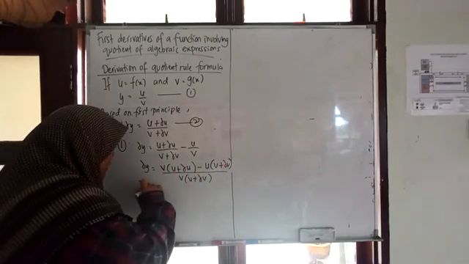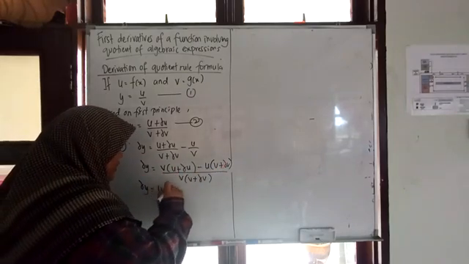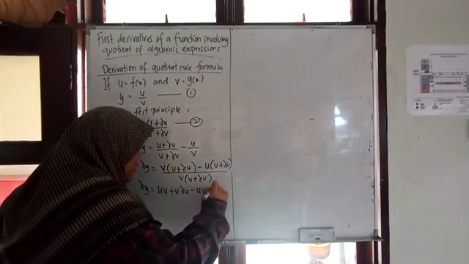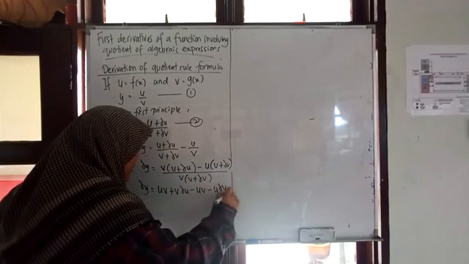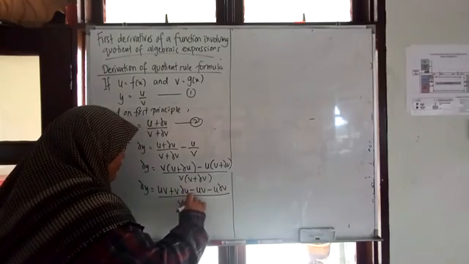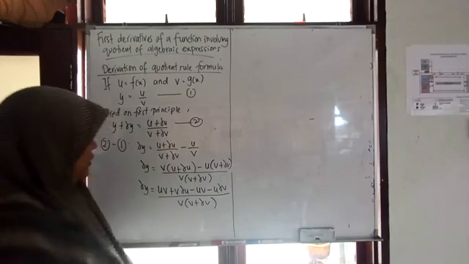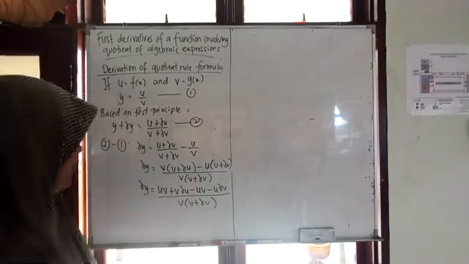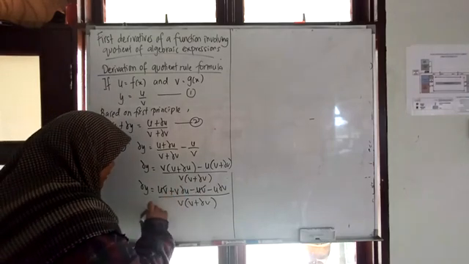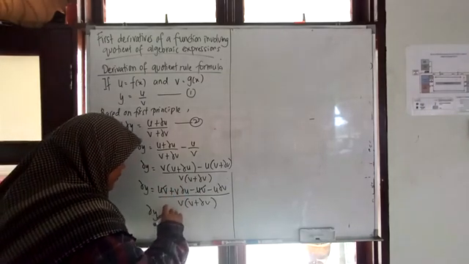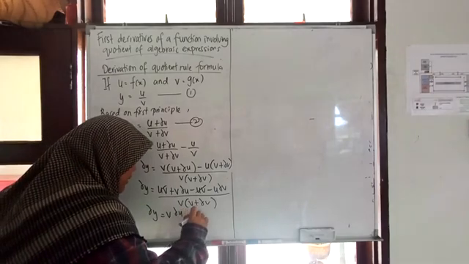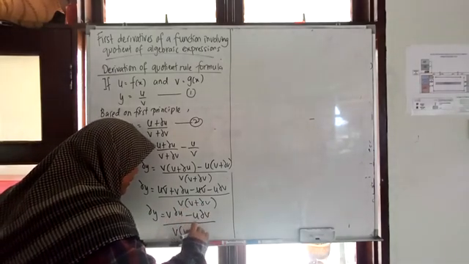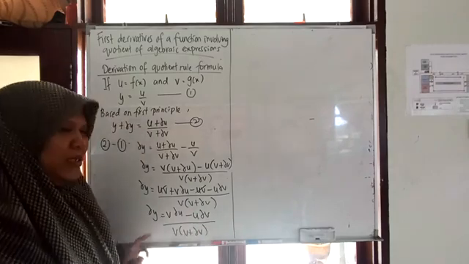So delta y is equal to (uv plus v delta u minus uv minus u delta v) over v times (v plus delta v). From here we can see that uv cancels out to 0. So delta y is equal to (v delta u minus u delta v) over v times (v plus delta v). So this is delta y.